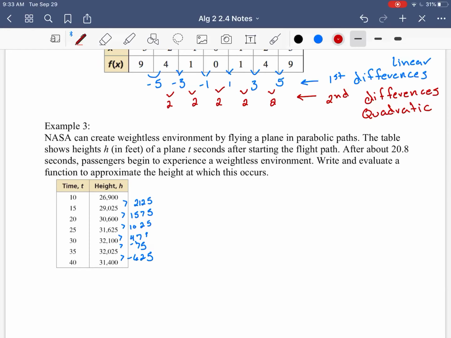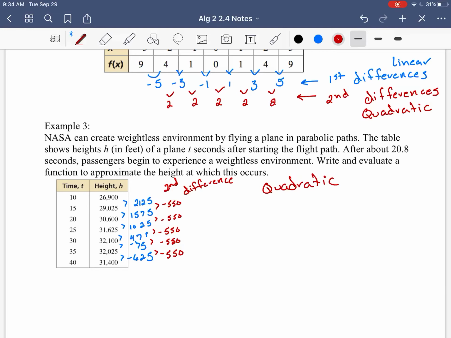So let's do second differences, just to double check. Subtract these two, we get negative 550. Subtract these two, negative 550. These two, negative 550. So it looks like second differences are working. So the second differences work, and that tells me that this is quadratic.